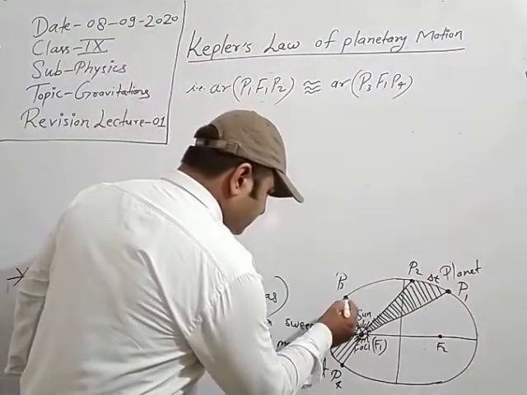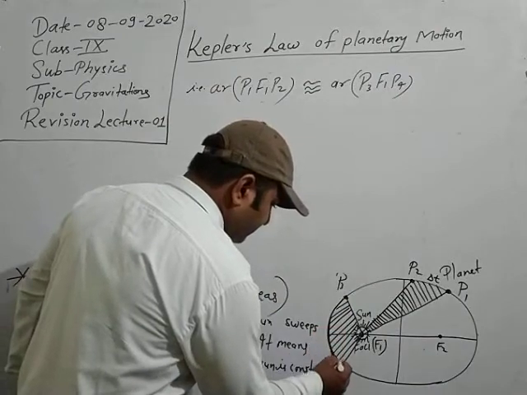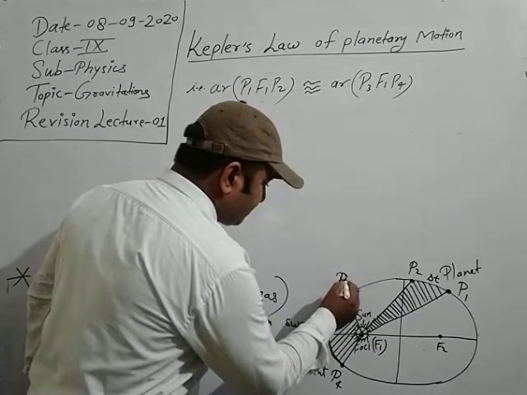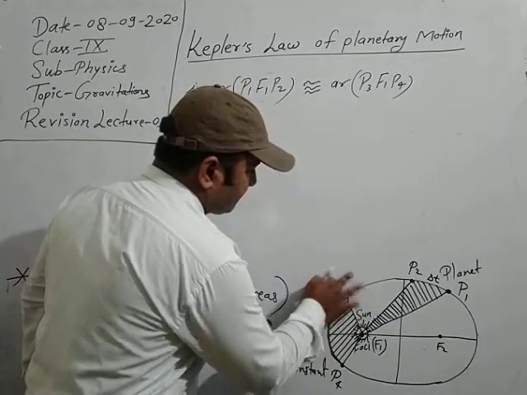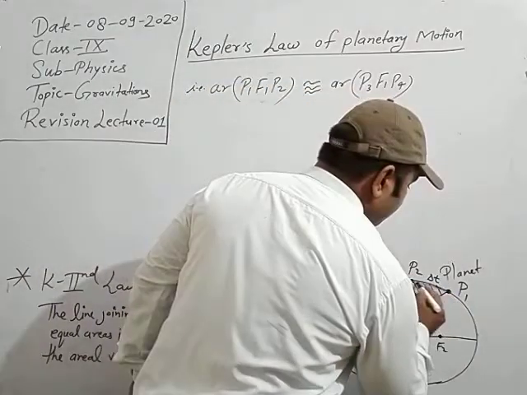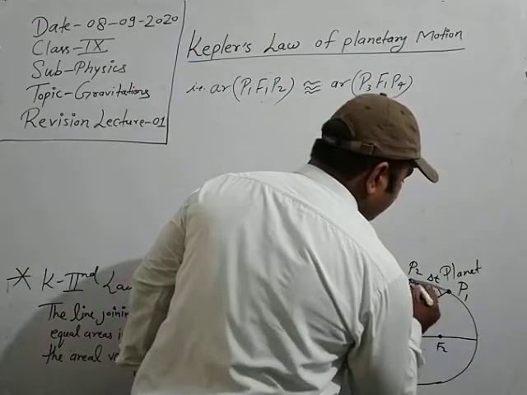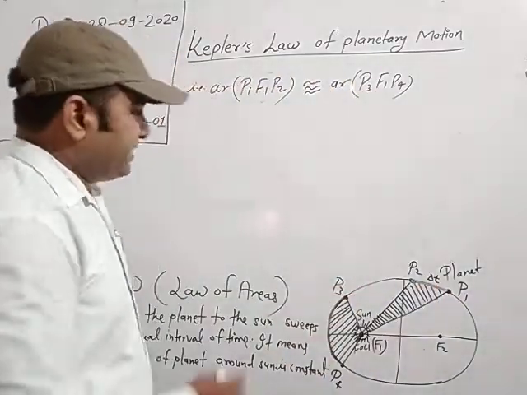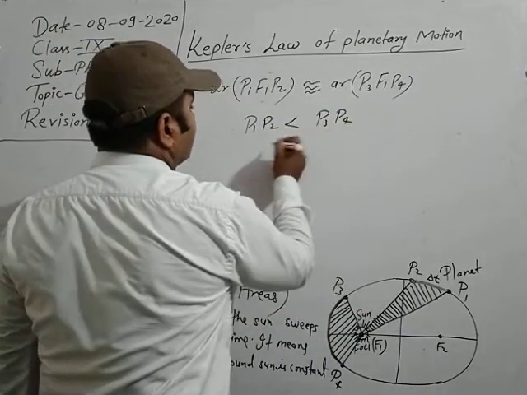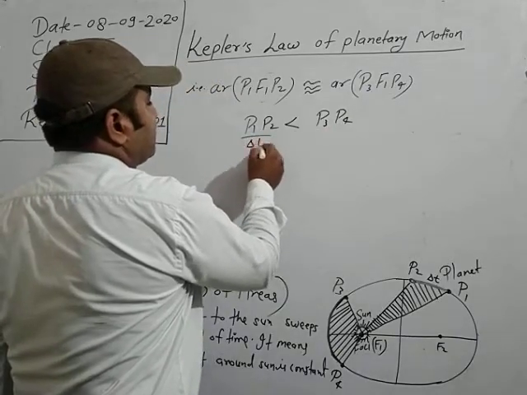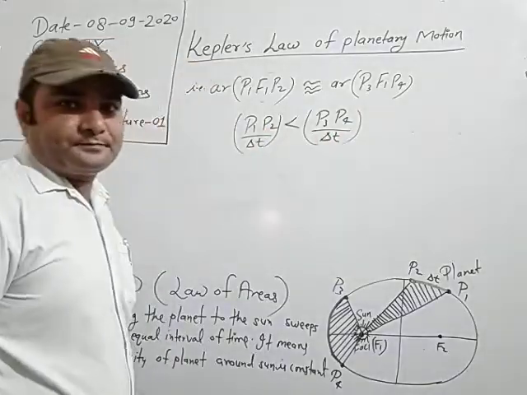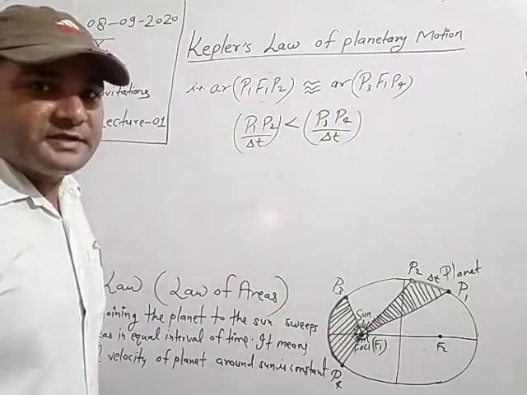Here P3 to P4 means this distance covered is greater than this P1 to P2 distance. Here P1, P2 is less than P3, P4, and whenever this is divided by del t, distance upon time is what? That is speed. Distance upon time means speed.